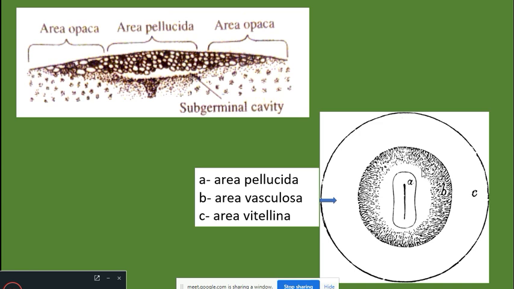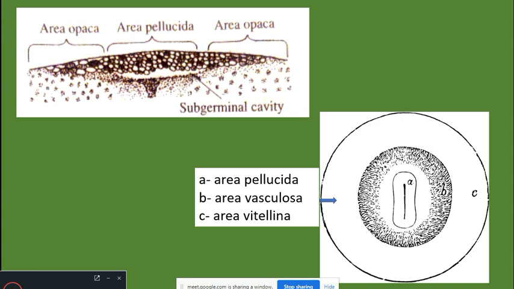it will appear darker because of the entry of cells to that area, and it will have a mottled appearance like this. You can see a dotted or mottled appearance. This area is the area vasculosa. So, this dark and mottled appearance of this area is because of the extension of mesoderm through the primitive groove.